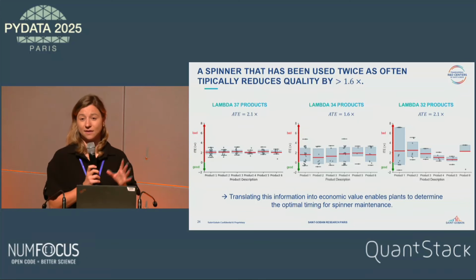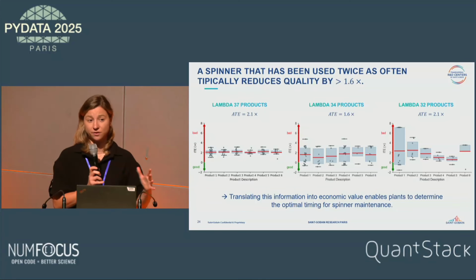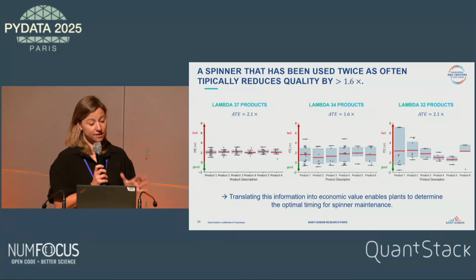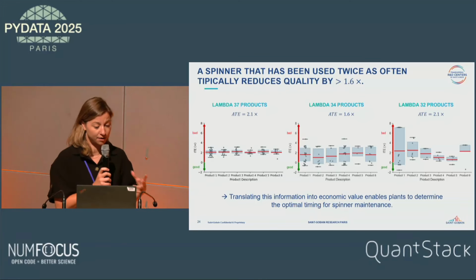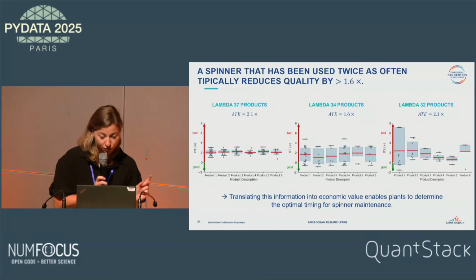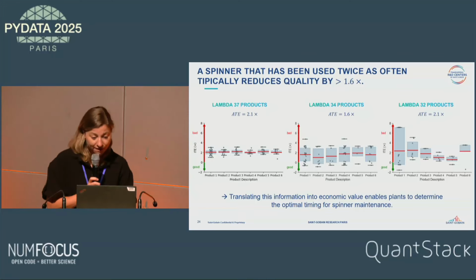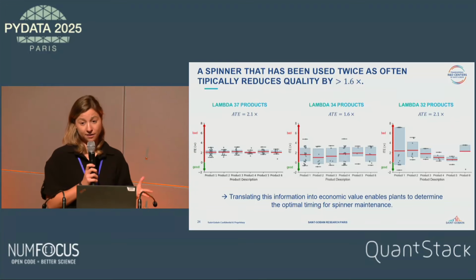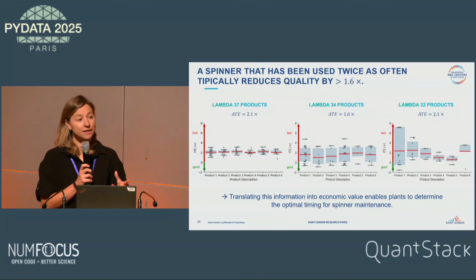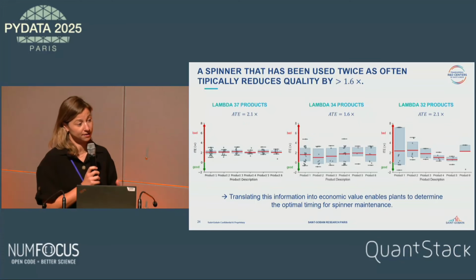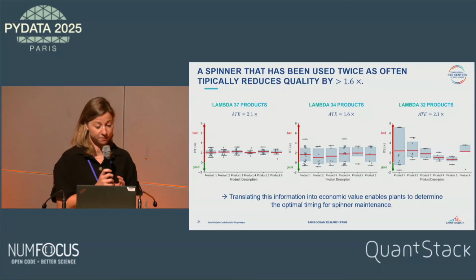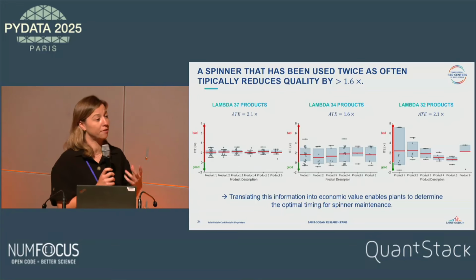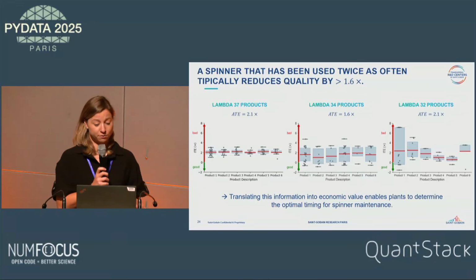It means that they are different in size or width, etc. And we say, for example, for product 1, that the quality of using this type of spinner decreases by 2.1. For example, for Lambda 32, for product 5, we are about 0.8. So really, you give a recommendation more specific to the plant so they can do what is then economic analysis after, for example, to optimize when they need to change the spinner or not.